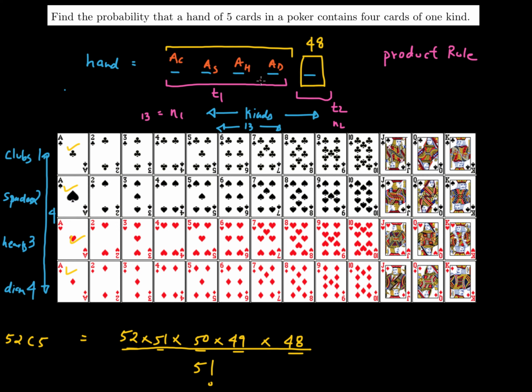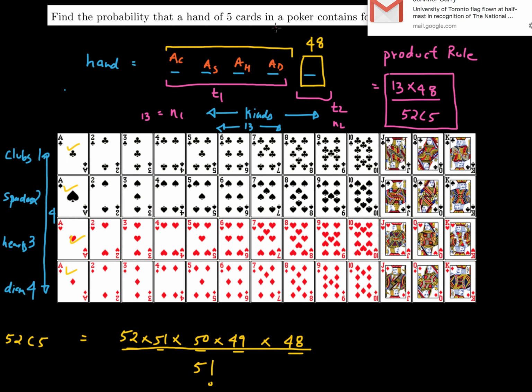So this is going to be 13 times 48 different ways. 13 times 48 gives you the different combinations that contain 4 cards of one kind. Now, when I take this and divide it by 52 choose 5, this gives me the probability of a hand of 5 cards in a poker that contains exactly 4 cards of one kind.